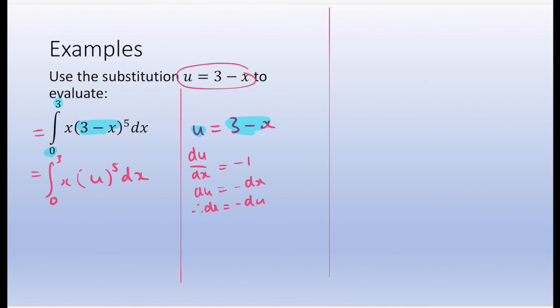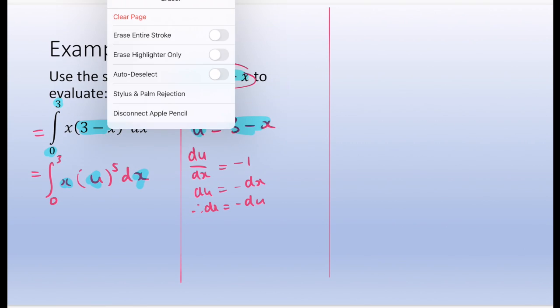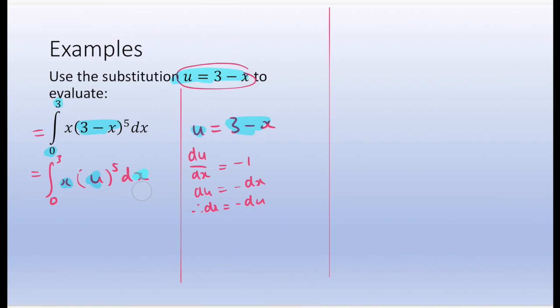Now the issue is that now we have u's and we have x's, and we need to either go all in on the u's or all in on the x's. And because this is asking us to do a u substitution, we're just going to go all in on the u's.